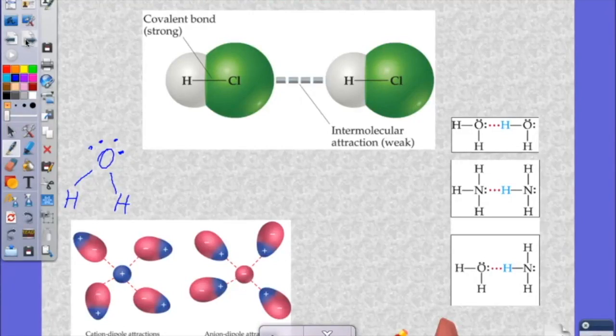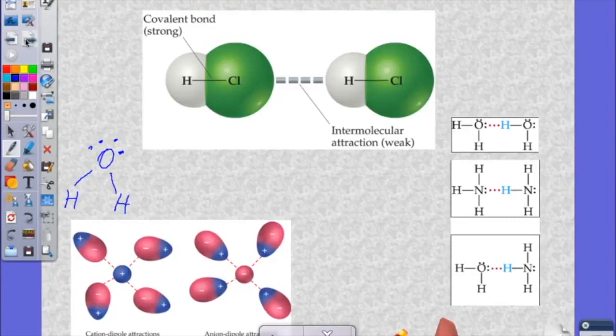Here's an example. This is a water molecule. This is another water molecule. Here's a force between oxygen in one water molecule and the hydrogen from the other one. But inside the molecule, you should have the oxygen, the fluorine, or the nitrogen. This is ammonia.